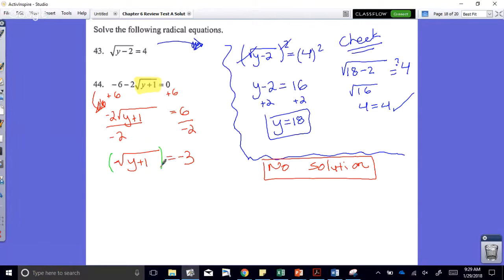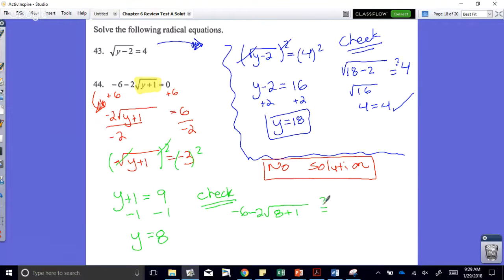So to undo this radical, I'm going to square both sides. Get y plus 1 is now equal to 9. I subtract 1, I get y is equal to 8. But before we circle, I've got negative 6 minus 2 times the square root of 8 plus 1, and we want to know if that is going to give us 0. 8 plus 1 is 9, so I have negative 6 minus 2 square root of 9, which is negative 6 minus 2 times 3, which is negative 6 minus 6.